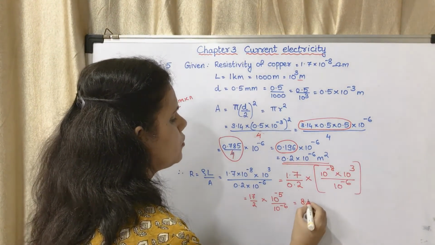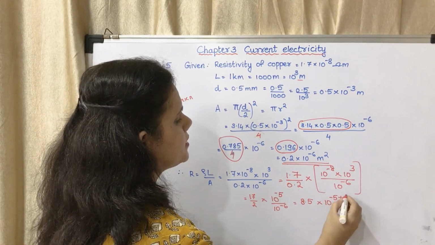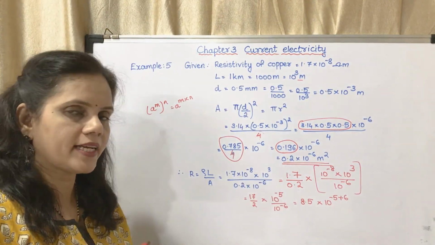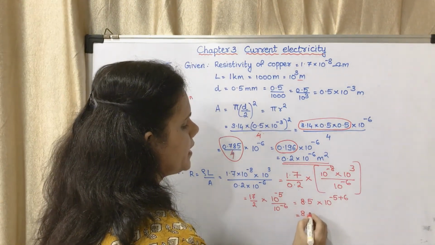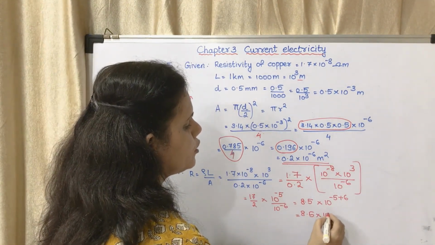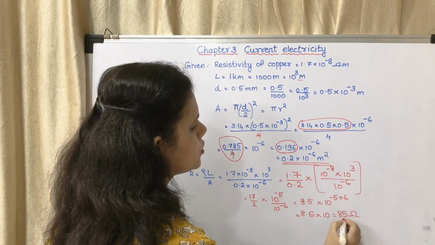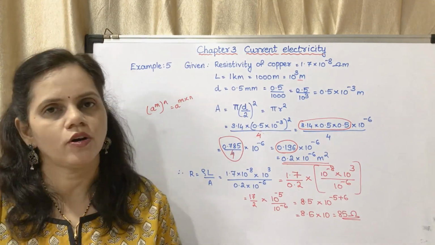Okay, 8.5 into 10 raised to minus 5 minus of minus 6, so it will be 10 raised to minus 5 plus 6. That will make it as 8.5 into 10. That is equal to 85 ohms. Okay, so this is how they got the answer as 85 ohms.